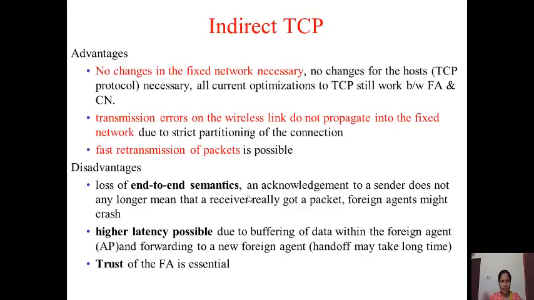So there is a complete segregation between the wired network and the wireless network, and hence the end-to-end acknowledgement between the correspondent node and the mobile node is not available, right? So this is becoming a big drawback.